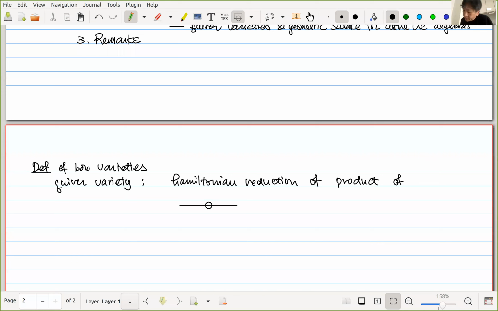On the interval I put a circle in the middle, and I include non-negative integers on both sides. So I just take complex vector spaces V1 and V2 as mentioned.